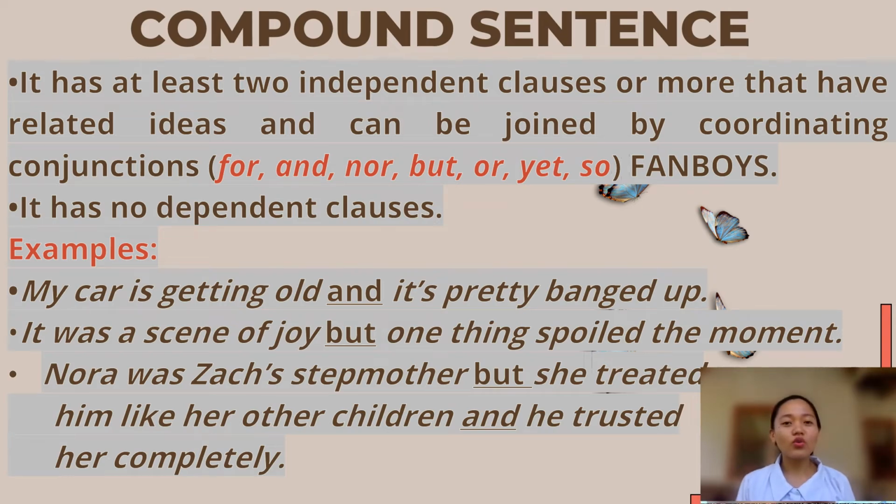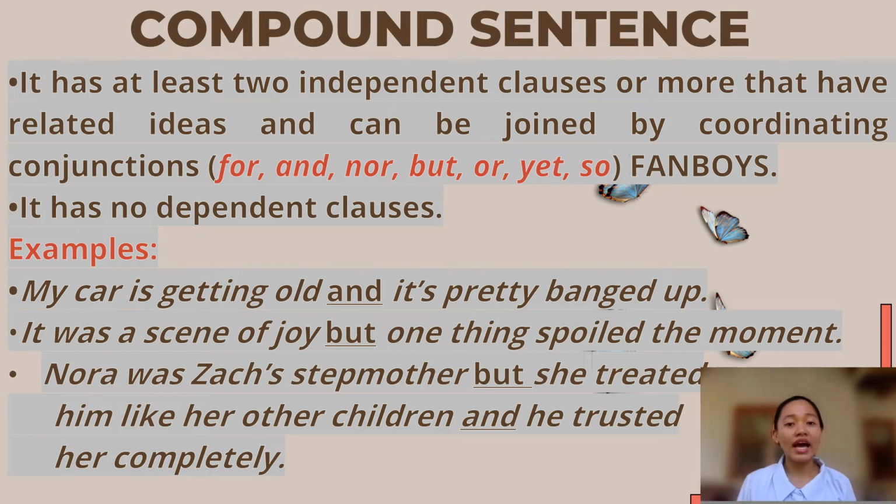So we have our last example. Nora was Zach's stepmother, but she treated him like her other children, and he trusted her completely. As I have mentioned earlier, a compound sentence can contain two independent clauses or more.